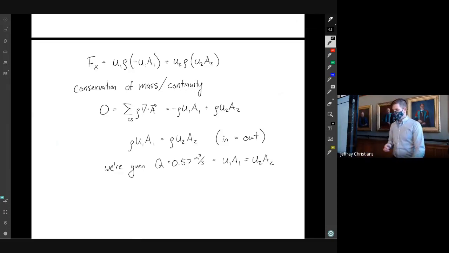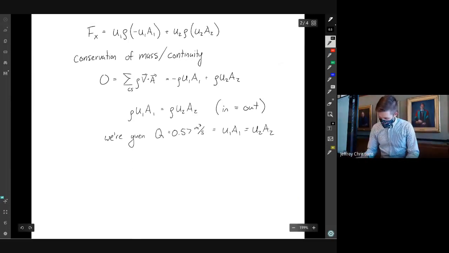We're given the volumetric flow rate Q. Q is going to be the variable that we use typically for volumetric flow rate. We'll use that throughout the class. I think this is the first time you guys have seen that variable, but Q, volumetric flow rate. Okay, so that's conservation of mass. That's going to tell us how the velocities all relate to each other.